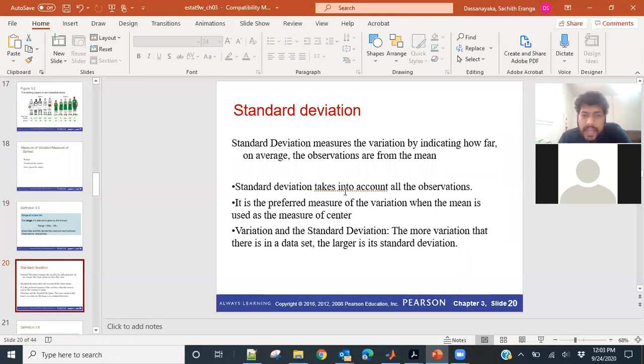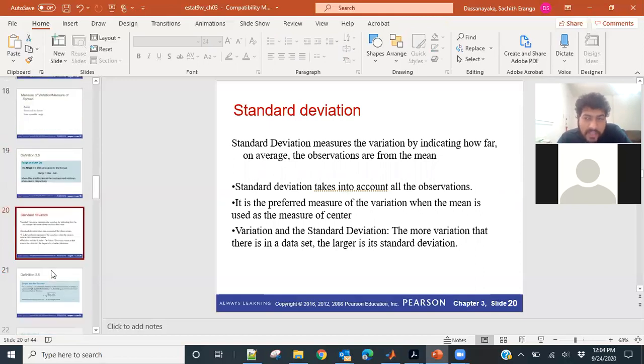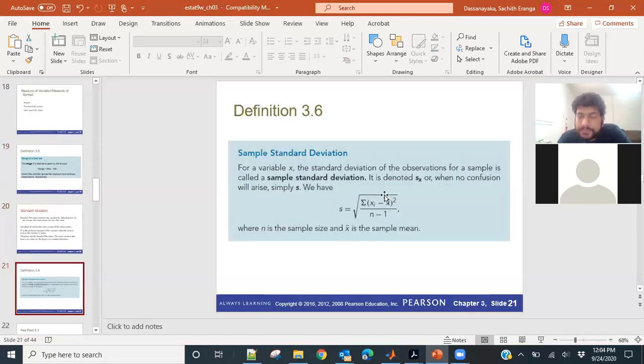Standard deviation measures the variation of our data set, how your data set deviates from the midpoint. This is the formal expression to find the standard deviation.